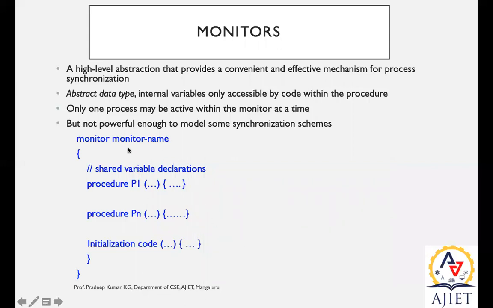The monitor type also declares a name and its own variables, shared variables, and dedicated procedures as well. It will have its own abstract data, its own procedures, and set of values. So these are the possibilities with monitors.